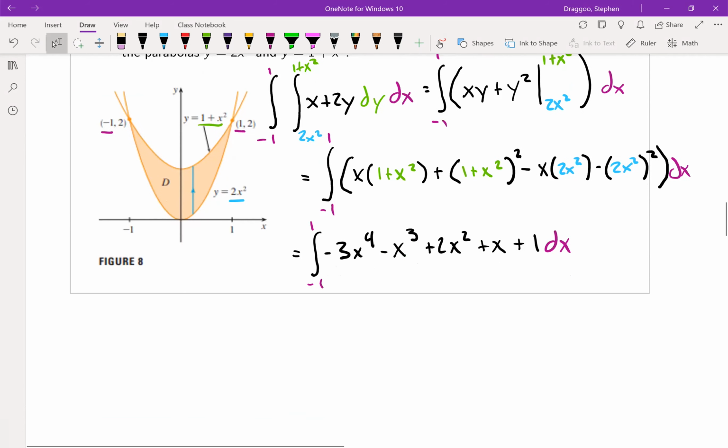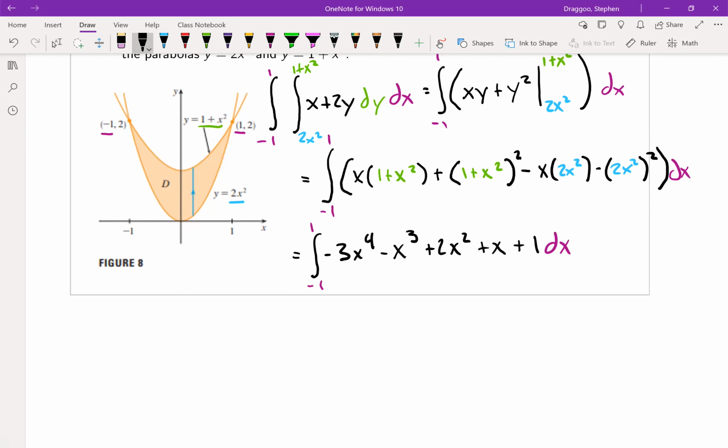So this will be equal to, since again we're doing odd terms or even terms, 2 times the integral from -1 to 1 of, whoops, we're just gathering up our even terms here. -3x to the 4th plus 2x squared plus 1 dx.